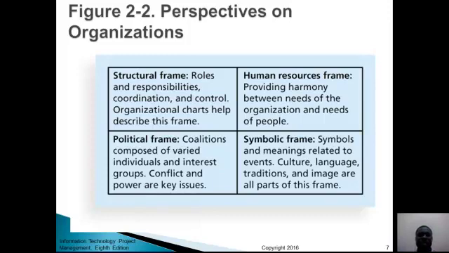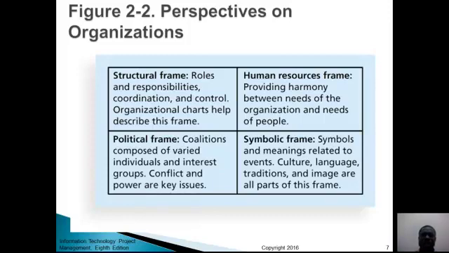So let's look at the perspectives on the organization. We're talking about system management. Under system management, we have what we call organizational characteristics, or organizational culture. First of all, the structural frame, that is roles and responsibilities, coordination and control.